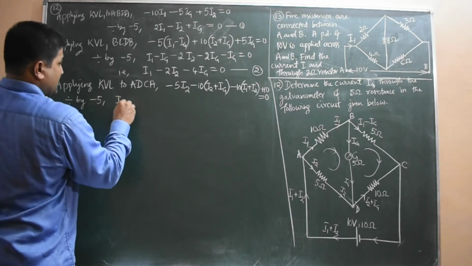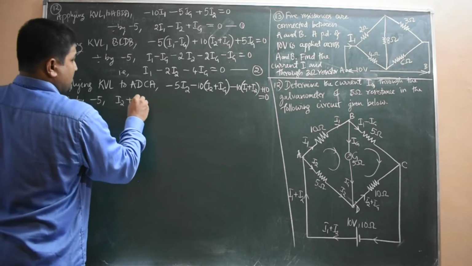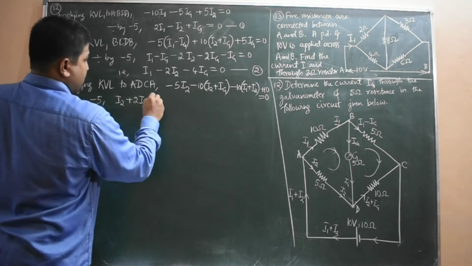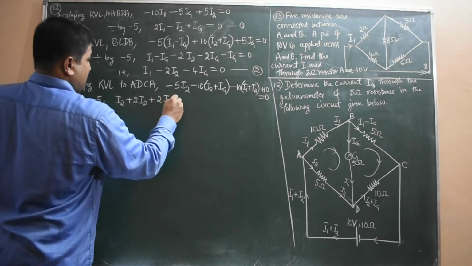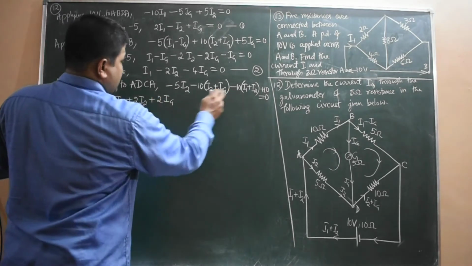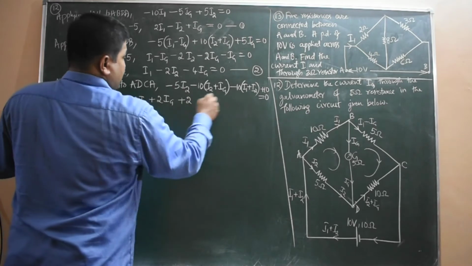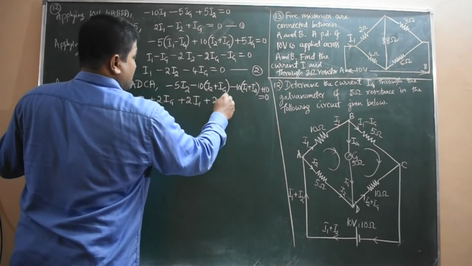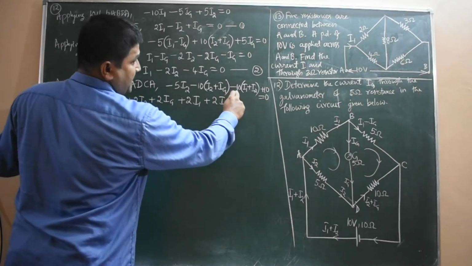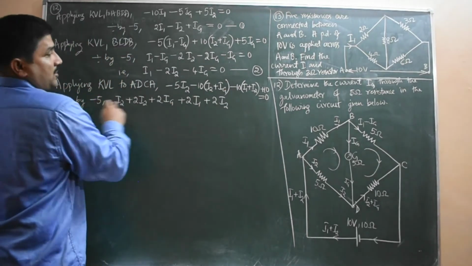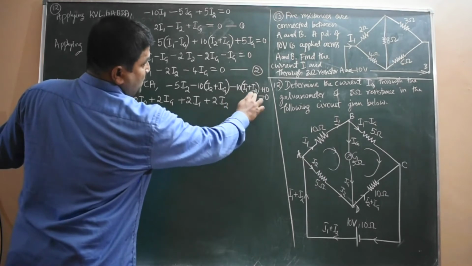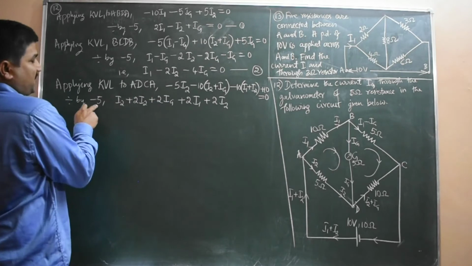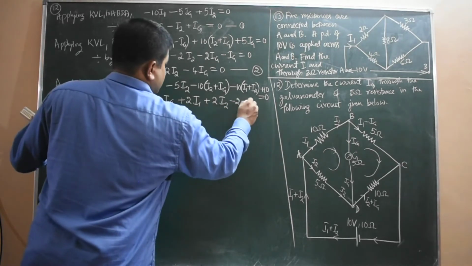I2, then plus 2 times I2, again plus 2 times Ig, then again here plus 2 times I1, again plus 2 times I2. Dividing by minus 10 by minus 5, it is 2I1 and 2I2. Then again minus 10 plus 10 by minus 5 is minus 2, that is equal to 0.